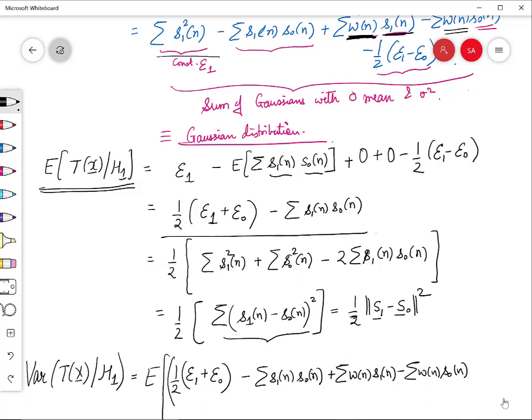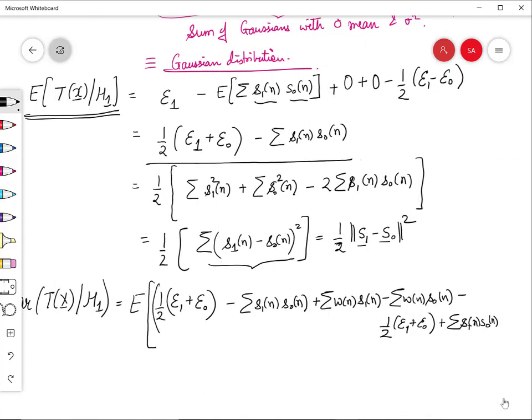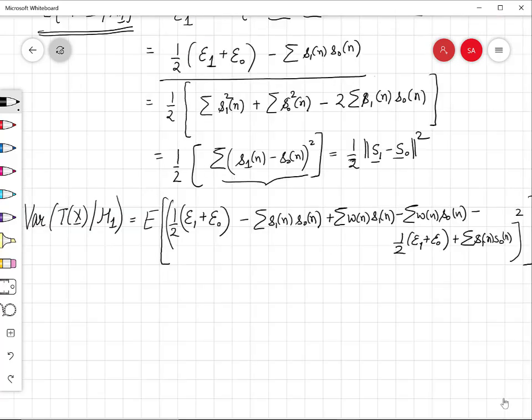So this is the value minus the mean. So the mean here is half of E1 plus E0 minus summation S1n S0 of n, and then I can take the square and then take the expectation. So this is the definition of the variance.